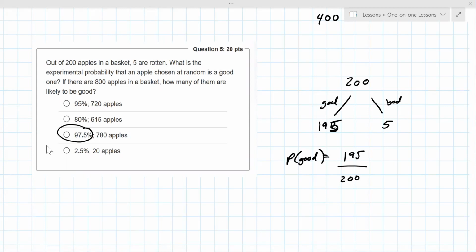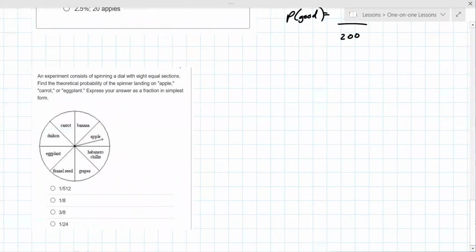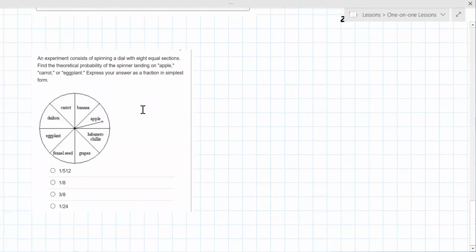All right, first question here. It says an experiment consists of 8 equal sections. So 8 equal sections means that each of these is an eighth. Find the probability of the spinner landing on apple, carrot, or eggplant. Whenever you see the word or, you generally want to think add.